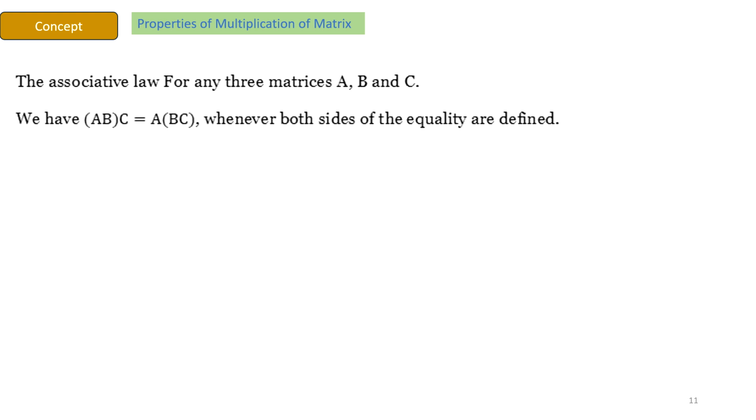Concept: Properties of multiplication of matrix. Associative law is applicable for matrix multiplication concerning three matrices A, B, and C. Similarly, the distributive law is also applicable for multiplication of matrices.